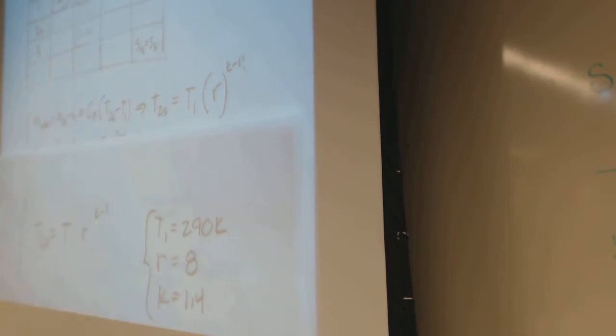My R value is 8 to 1 compression. These are what we call air standard cycles, as if air is going around, so K is basically always going to be 1.4. That's actually more constant than the C sub P value, that ratio of the specific heats. So we end up with 290 K times 8 to the 0.4 value.